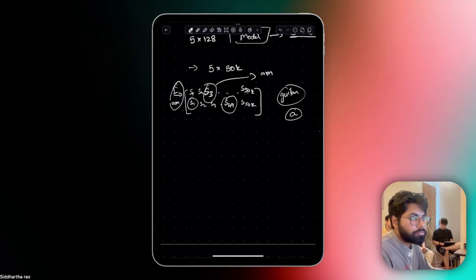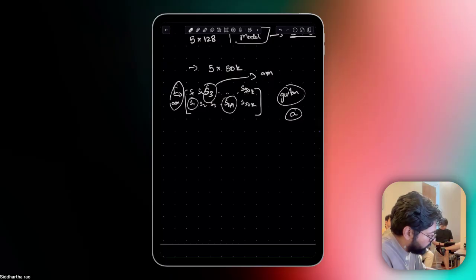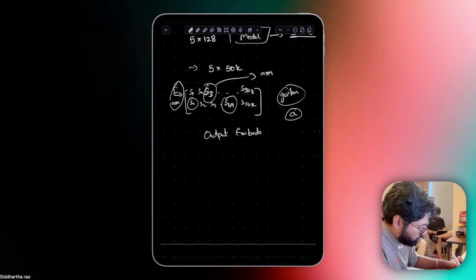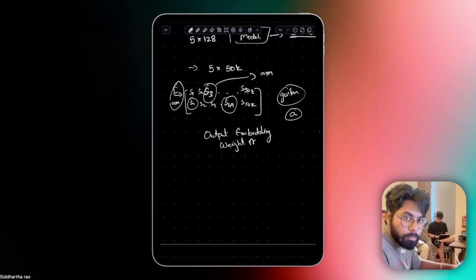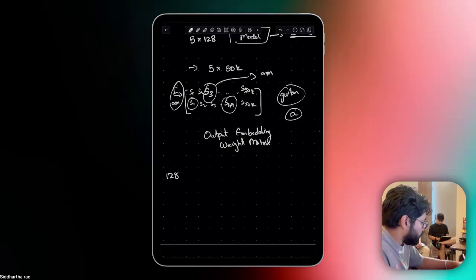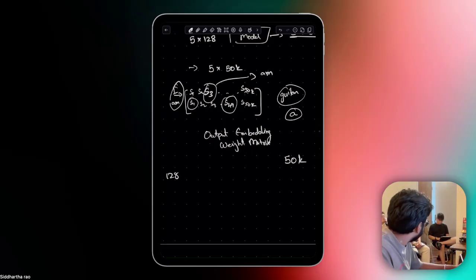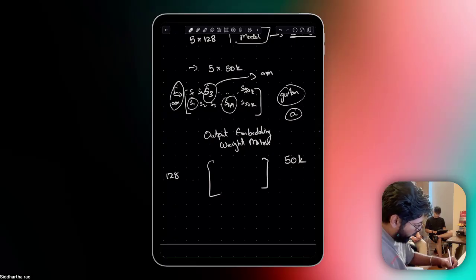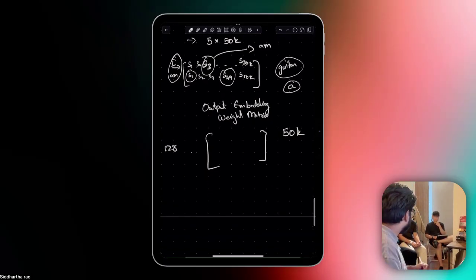So what that means is you have the output embedding weight matrix that turns these 128 dimensions into 50,000 dimensions. Which means your weight matrix has 128 rows and 50,000 columns.